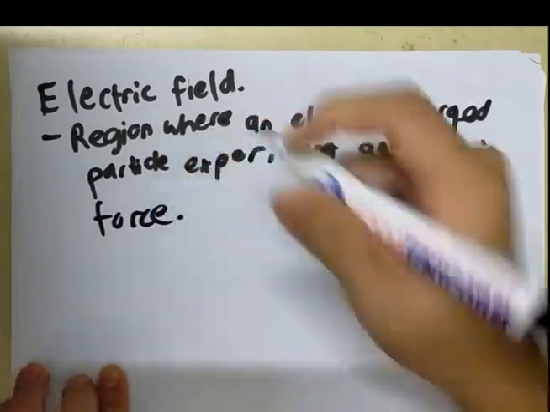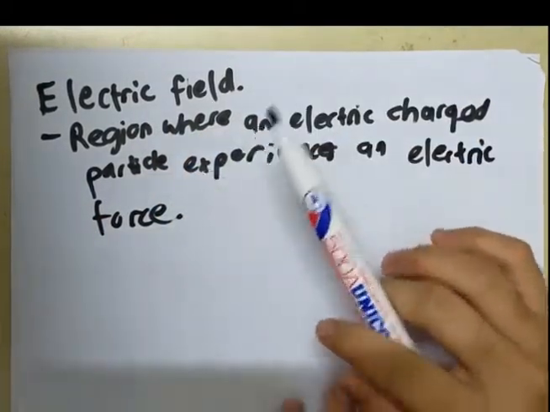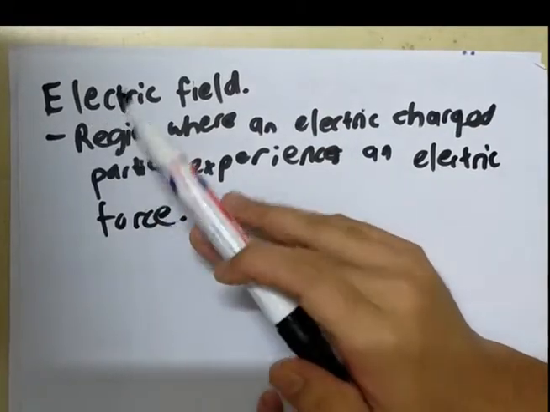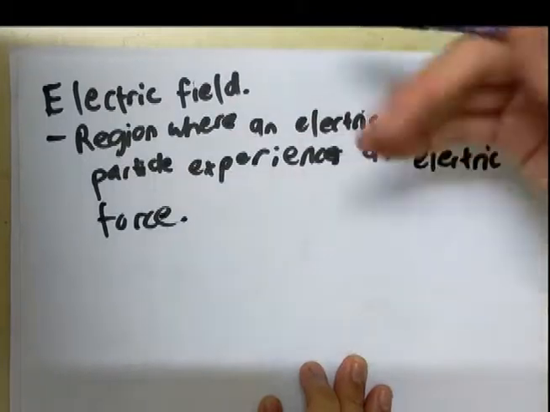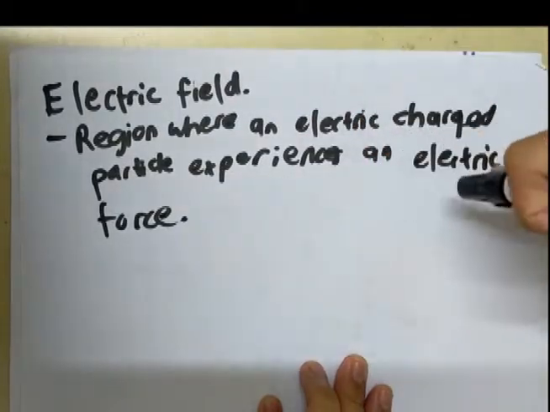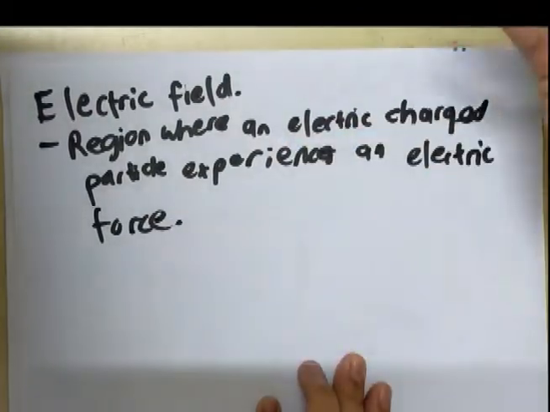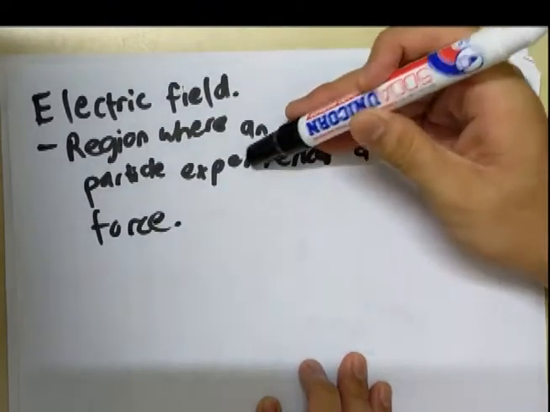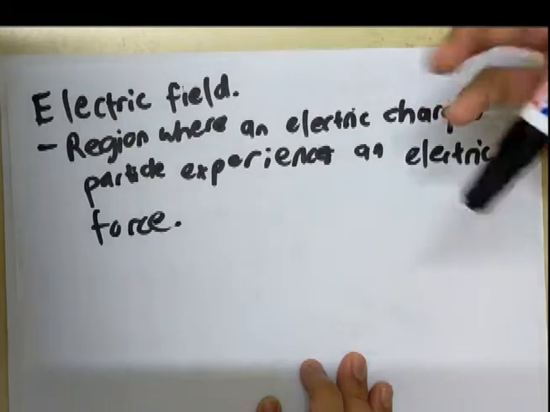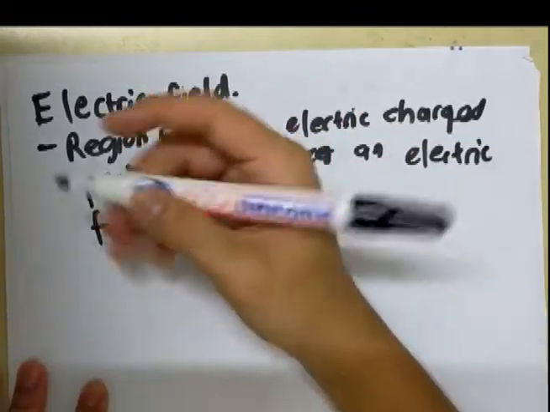If you notice, the definition for gravitational field is a region where an object experiences a gravitational force. So the same thing applies for electric field: a region where an electric charged particle experiences an electric force.